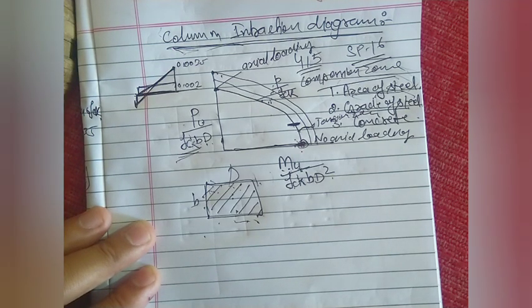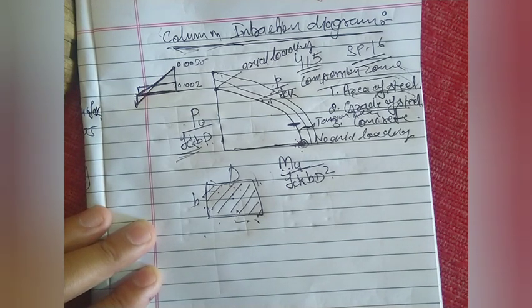We are using this interaction diagram because the iterative method, the trial and error method, is very laborious to calculate the values.